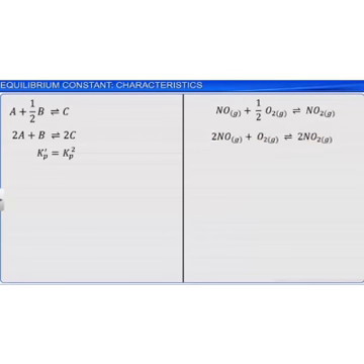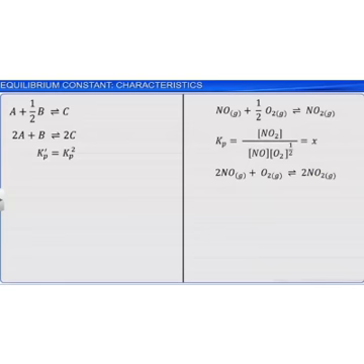The equilibrium constant for the reaction of 1 mole of gaseous nitric oxide and half a mole of gaseous oxygen combining reversibly to form 1 mole of gaseous nitrogen dioxide may be written as Kp is equal to the concentration of nitrogen dioxide divided by the product of the concentrations of nitric oxide and oxygen raised to the power of half, which is equal to, say, X. The equilibrium constant for the reaction of 2 moles of gaseous nitric oxide and 1 mole of gaseous oxygen combining reversibly to form 2 moles of gaseous nitrogen dioxide may be written as Kp' is equal to the concentration of nitrogen dioxide raised to the power of 2 divided by the product of the concentrations of nitric oxide raised to the power of 2 and the concentration of oxygen, which is equal to Kp square, which is equal to X square.